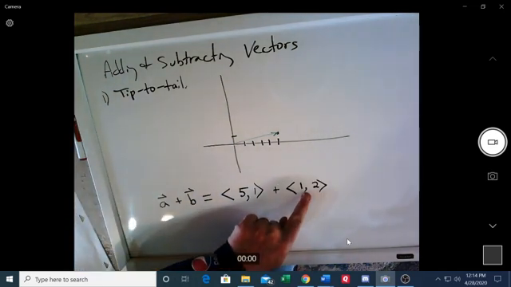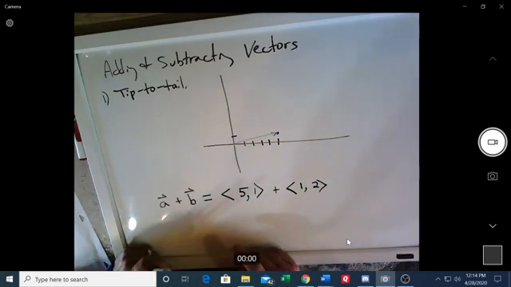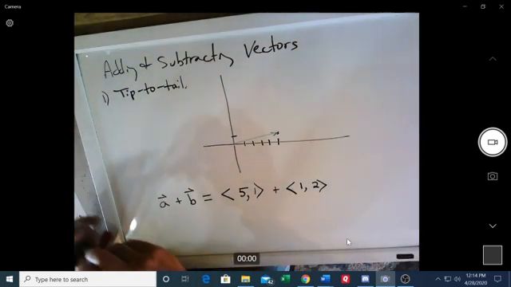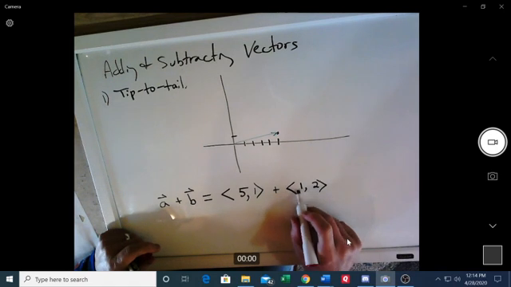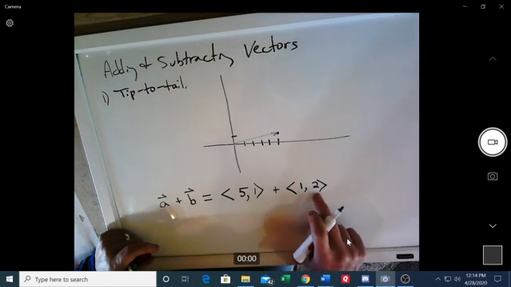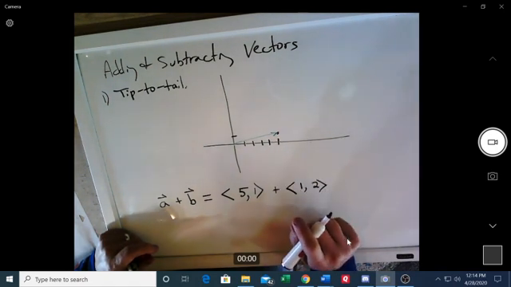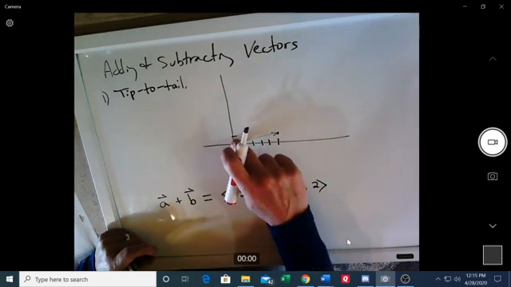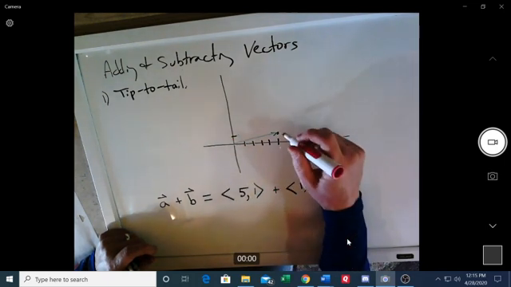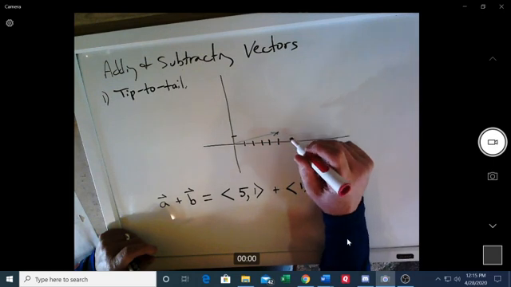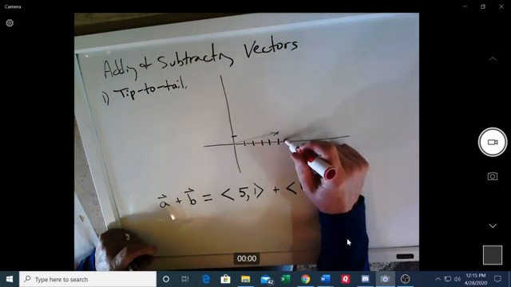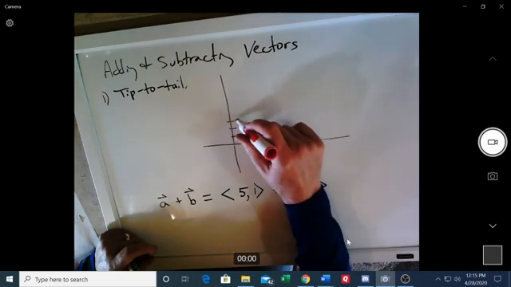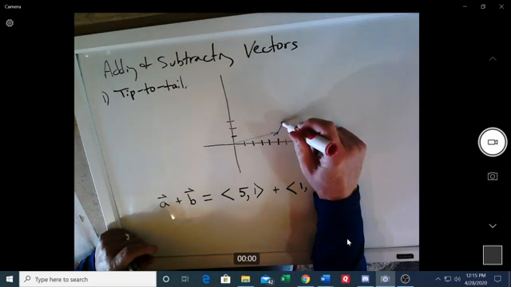And this might be like the wind. The wind might be 1, 2, but we don't place this 1, 2 necessarily right over here. We could place it tip to tail. Start at this one where you ended up from here. Go one to the right, go two up. That's the wind.